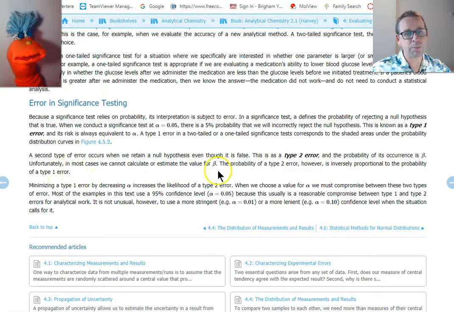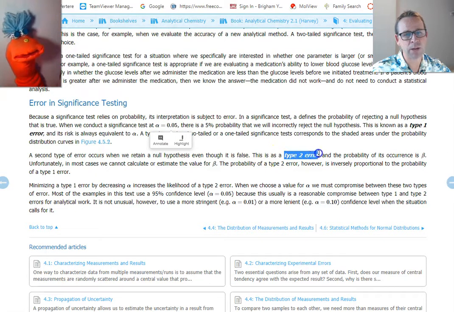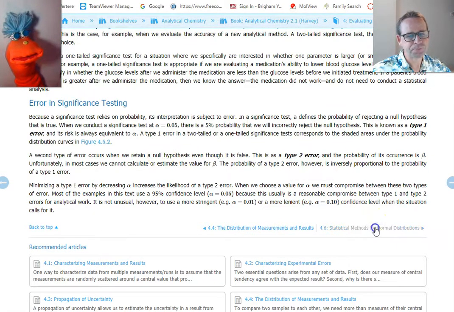So if type 1 error is very high, then type 2 error should be very low, and vice versa. If this value here is 0.005, then the likelihood of your type 2 error being high would be minimal. This would be low. Okay, very good.